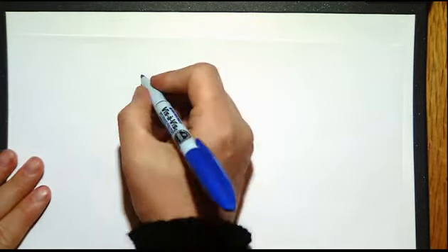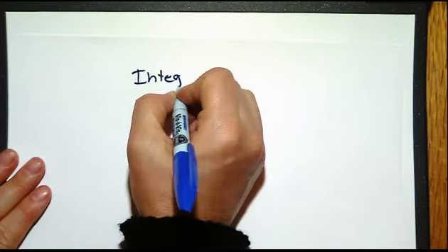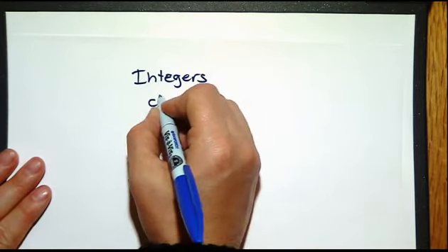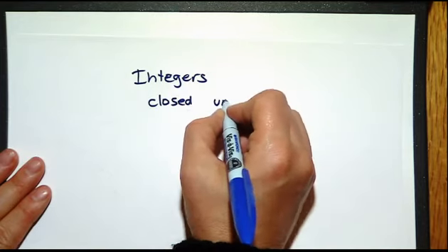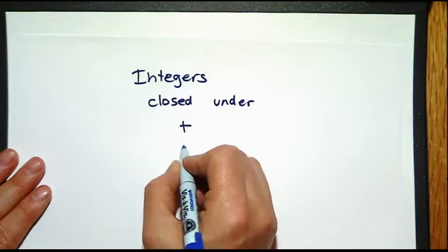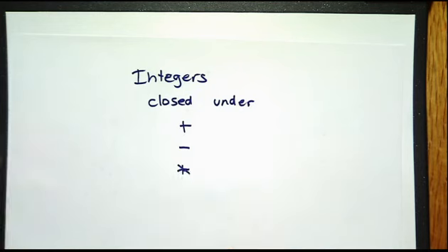So if I say, for example, we know that the integers are closed under these operations, right? So it's closed under addition, closed under subtraction, and closed under multiplication. Is it closed under division? No, it's not.